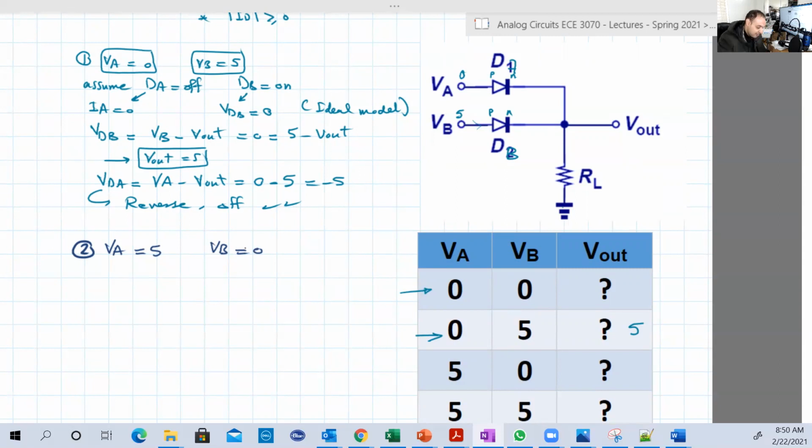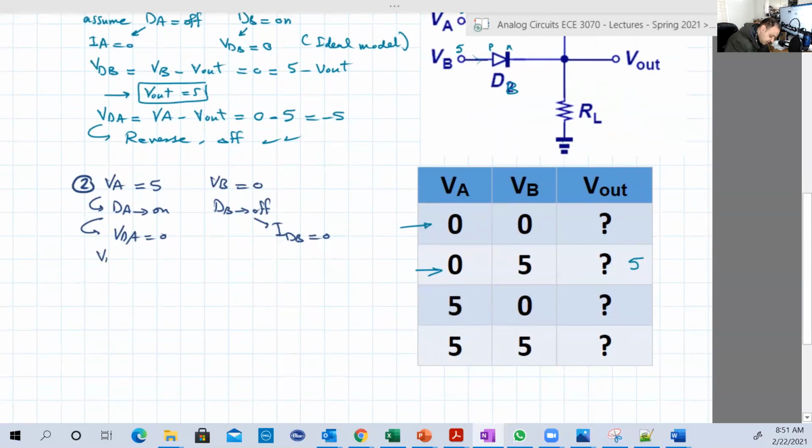So we'll just have the opposite case. I mean, here DA will be on and DB will be off. DB is off, then IDB is 0, or IB is 0. DA is on, then VDA is 0, because again, this is the ideal model.